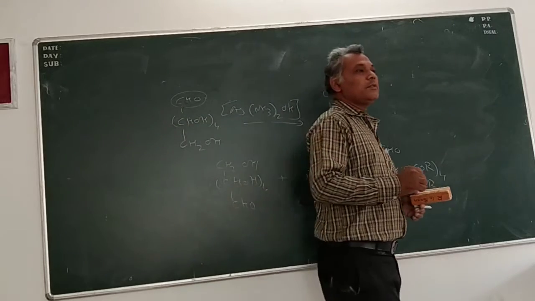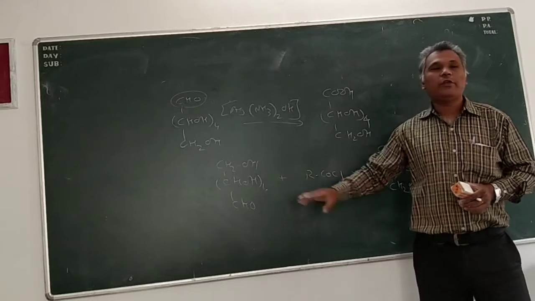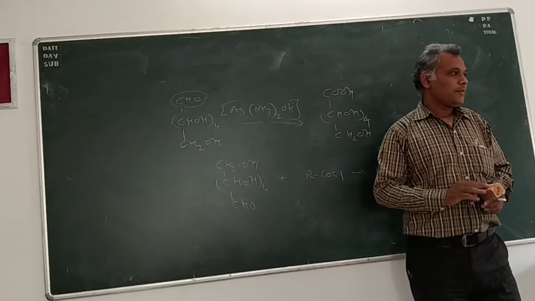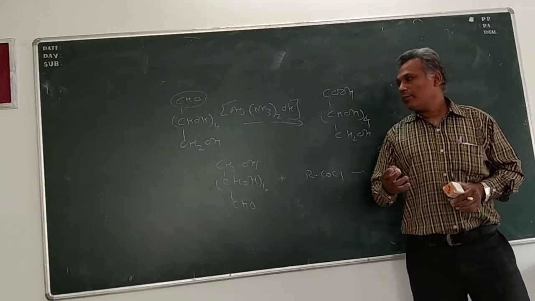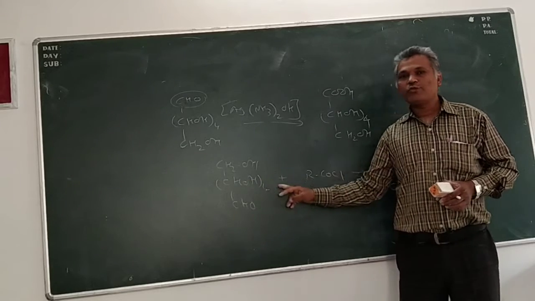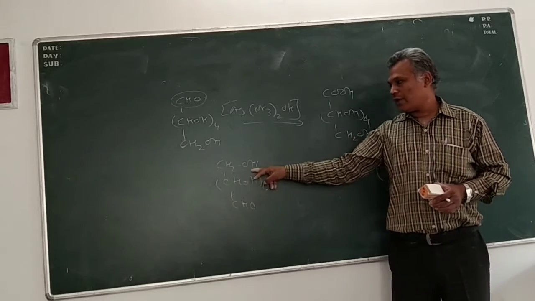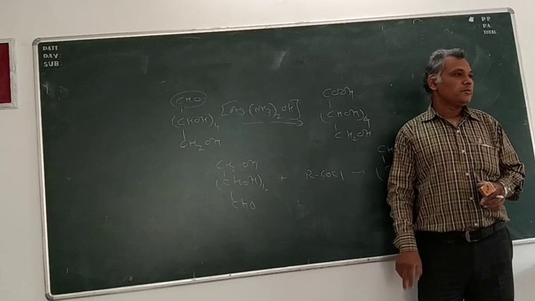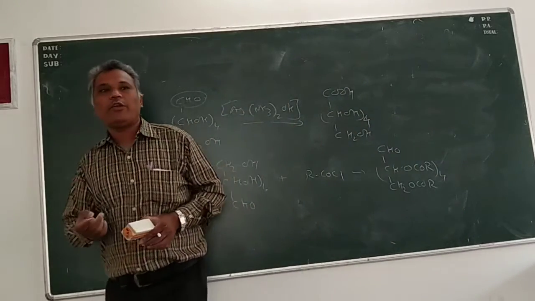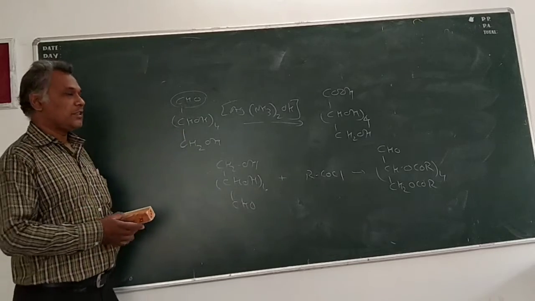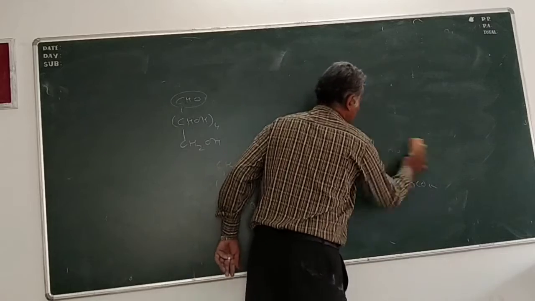But that means the last carbon contains 1 primary OH, and the rest 4 will be secondary OH, because when we are drawing the structure, these 4 are going to become secondary, and the last one we are going to get as a primary. Okay, so we want to prove that it contains 1 primary OH and 4 secondary OH. So for that case, what is the reaction that we are going to have?